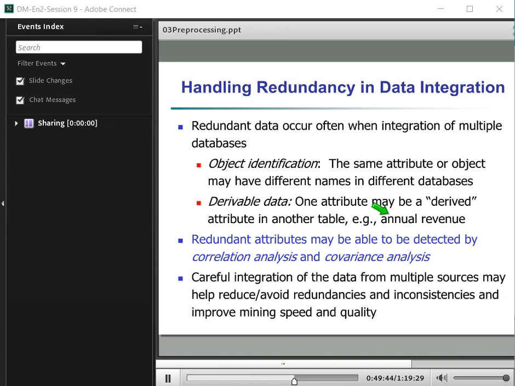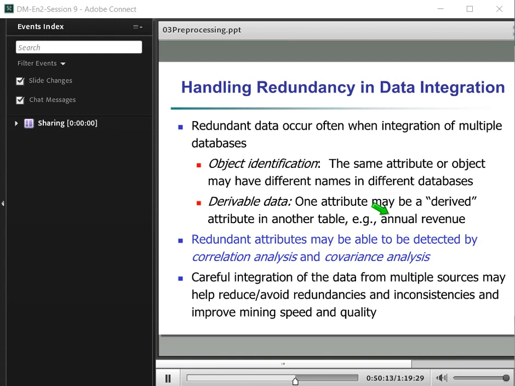Sometimes when I'm trying to do data mining, some redundant attributes have similar effects on my data mining algorithm. So if I care about those redundant attributes, I can remove some of them. Why?